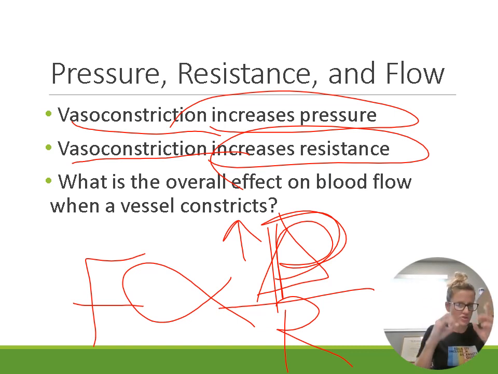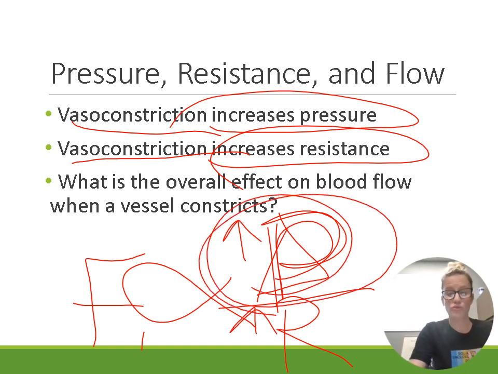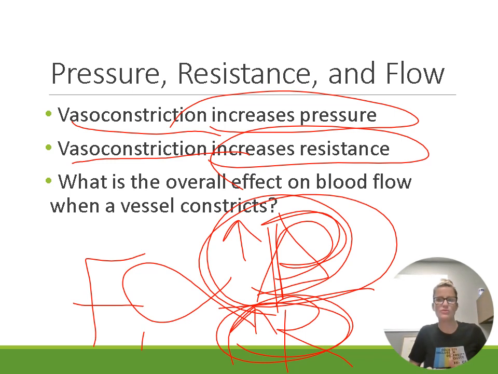But that constriction, that decrease in diameter, also increases resistance, which would decrease flow. So which one is more? Which one wins out? Is the increase in pressure going to affect flow more, or is the increase in resistance going to affect the flow more?